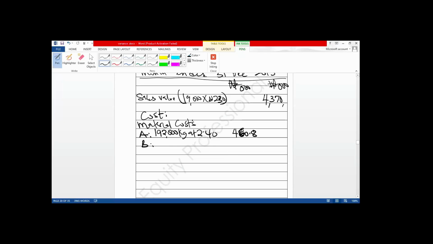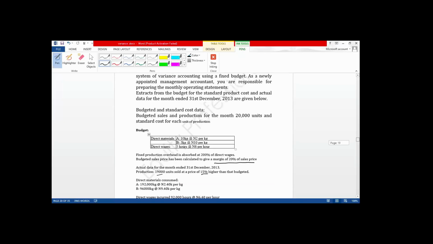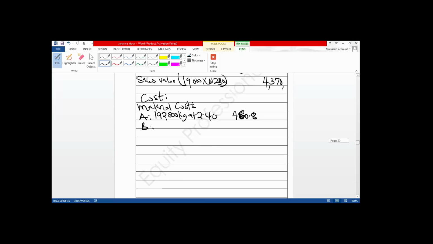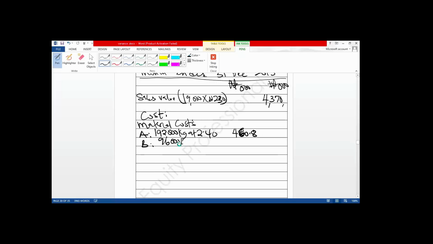Go to material B. We purchased 96,000 kg at a rate of 9 naira 40 kobo. 96,000 kg at 9.40 gives 902.4.